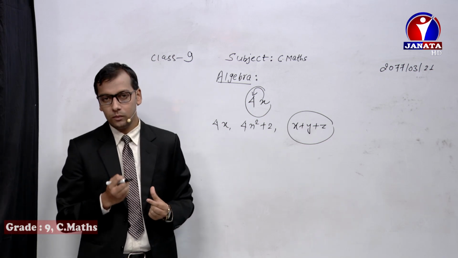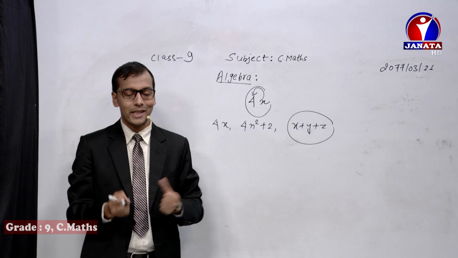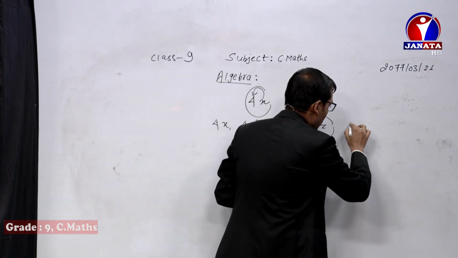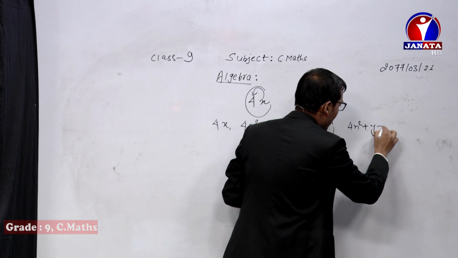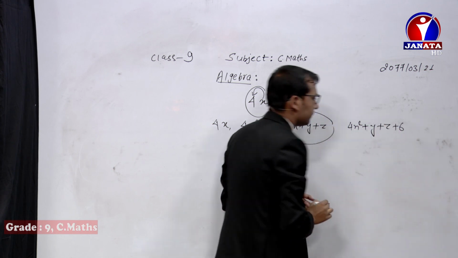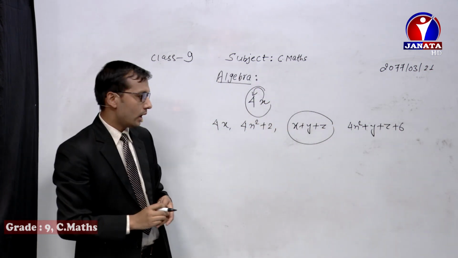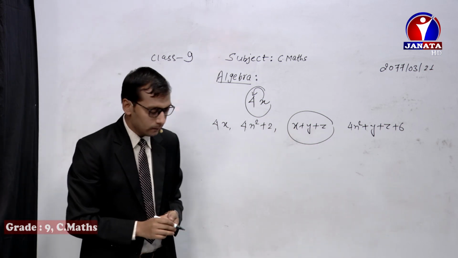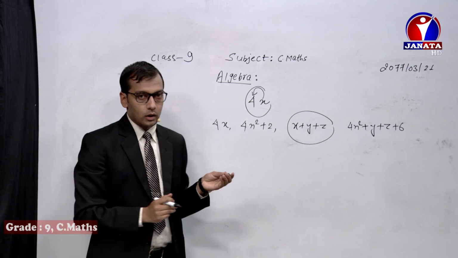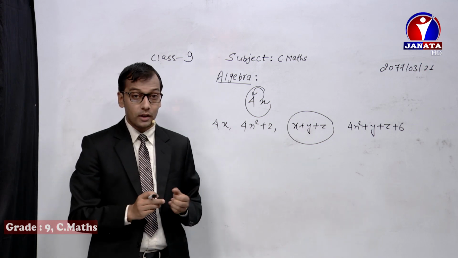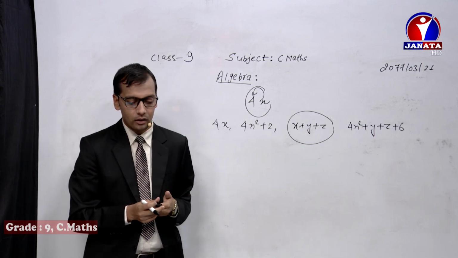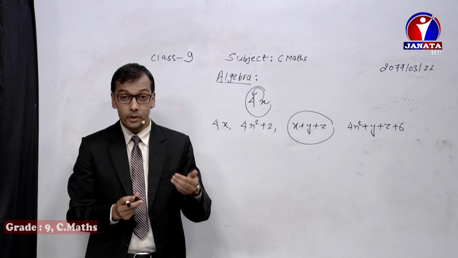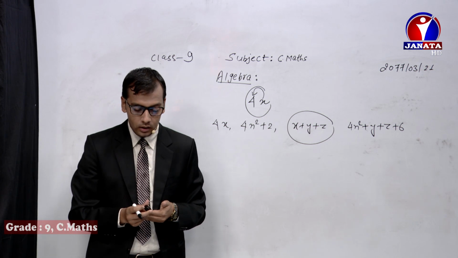If there are four or more terms, we simply say polynomial, like 4x squared plus y plus z plus 6. There are four terms and we simply say this is a polynomial. So the terms we use in algebra are: the concept of variable, coefficient, constant terms, and polynomials.